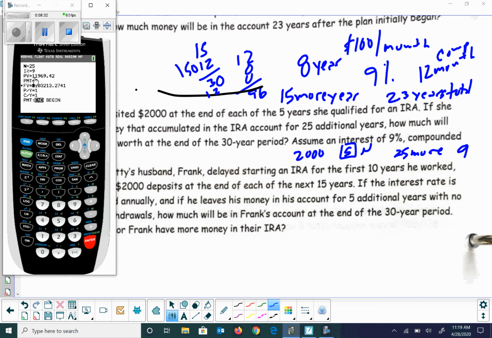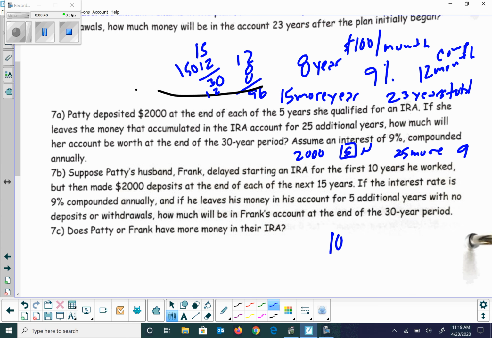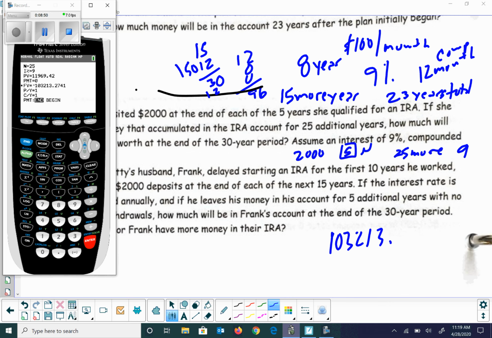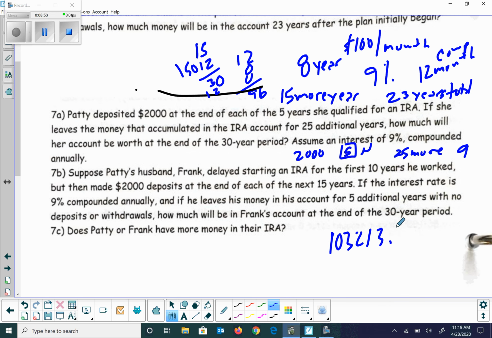So her roughly $12,000 just sitting there becomes $103,213.27. Wow. Okay, so let's write that value down: 103,213.27. So that's what Patty will have.